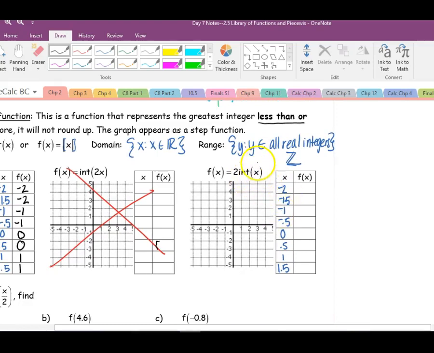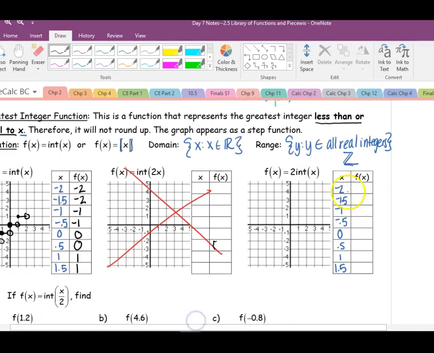The only difference is that once you get your y coordinate, we're going to double it. Okay, this 2 in front means it's going to double. So if you want, just go ahead and take these values here, and we're just timesing all of them by 2.